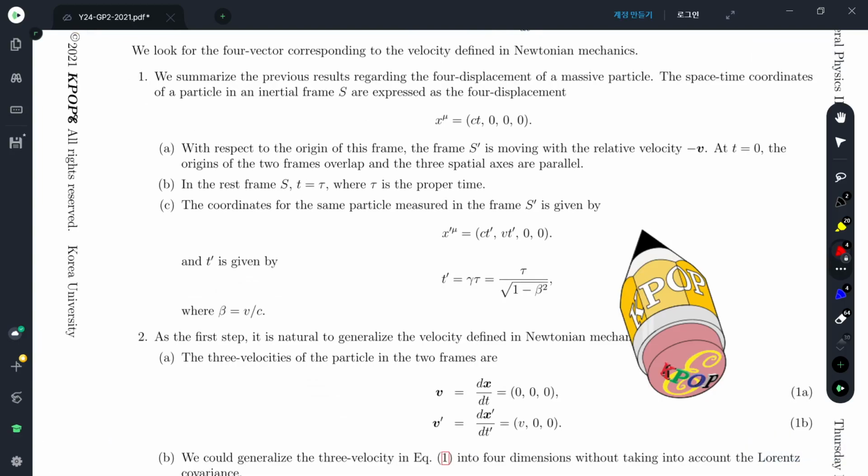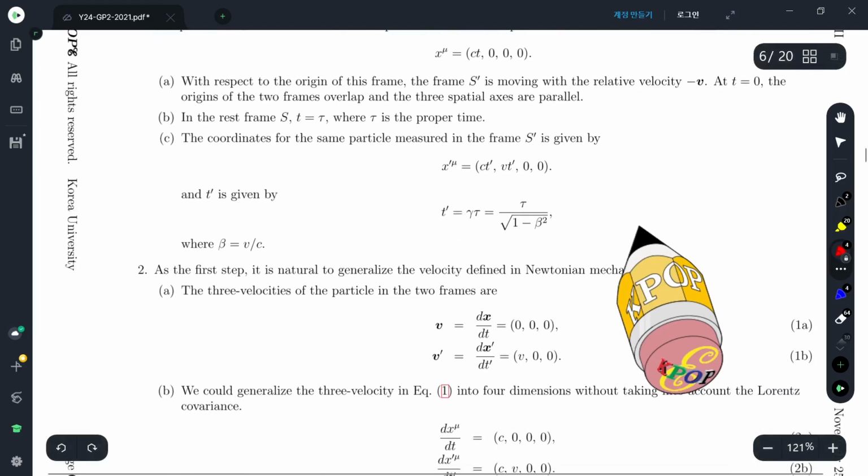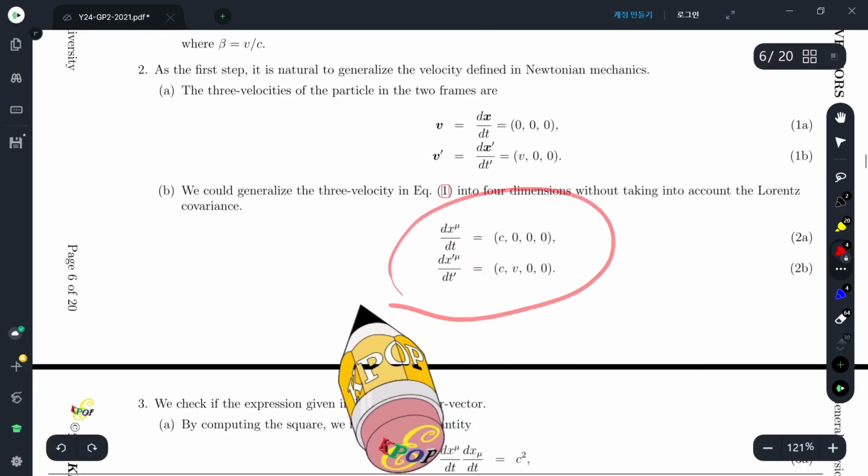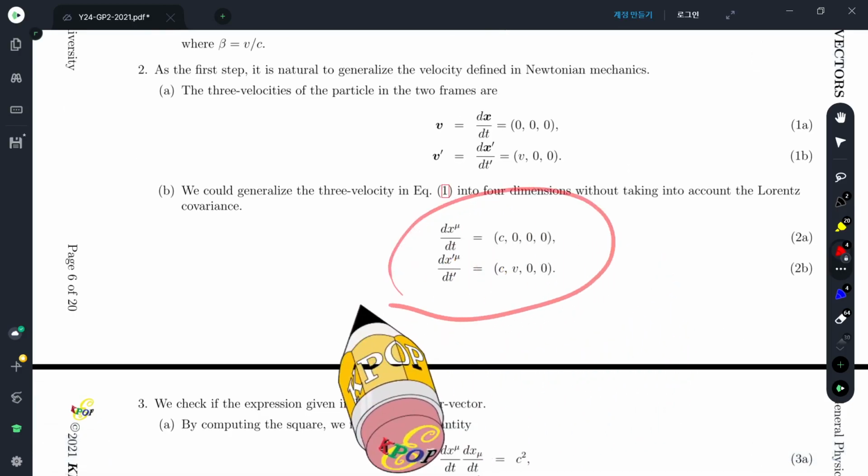These are the summaries of what I have already told you about the four displacement and the derivative of the four displacement with respect to time.